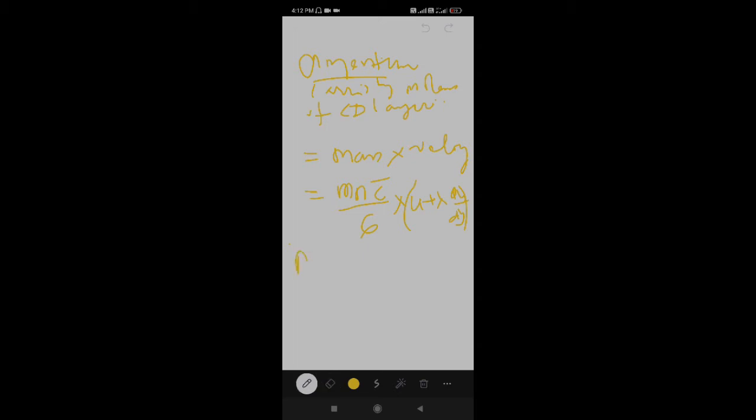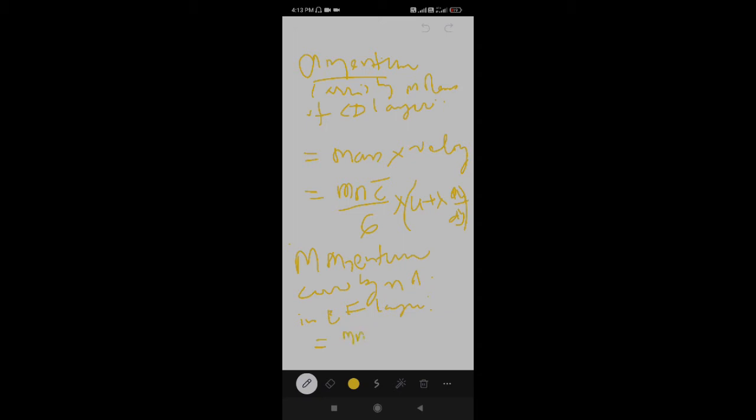Momentum carried by molecules in the EF layer. Here also you have to calculate with the same formula, mass into velocity.